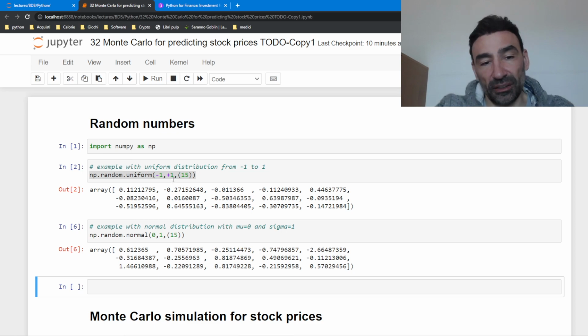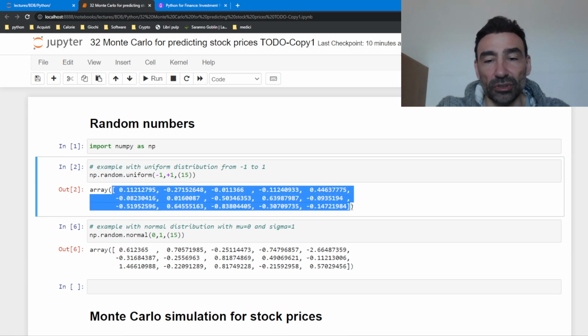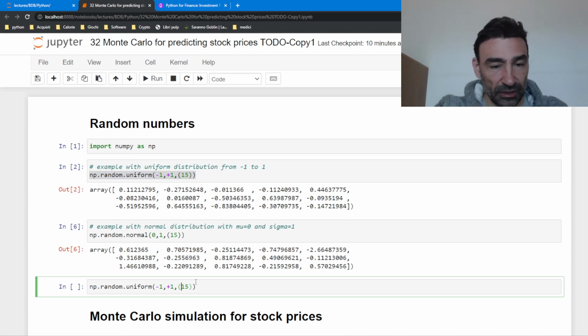You can take them from any other distribution, it doesn't matter, it's up to you. This produces an array. You can also produce a matrix of random values. This is useful because later on we'll have to use a matrix of random values. So, for example, from a uniform distribution, let's take a 7 by 15 matrix.